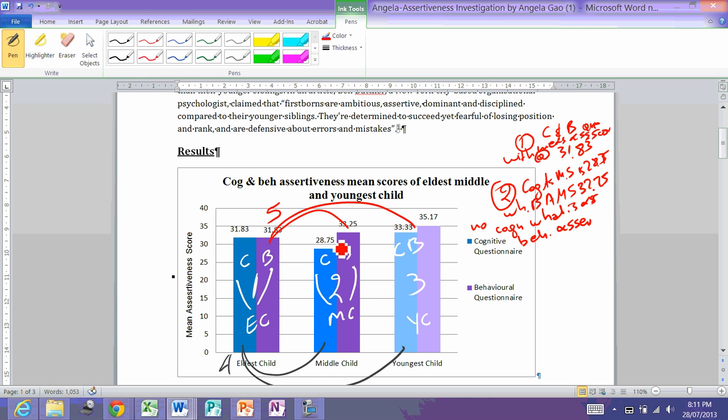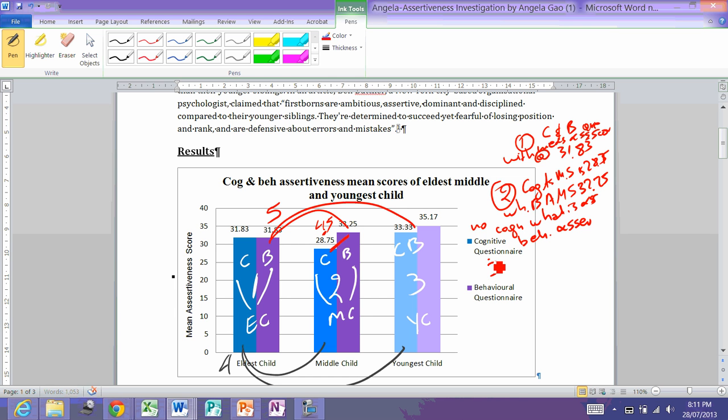And the difference between this and this is significant. It is almost 4.5 units. Okay.